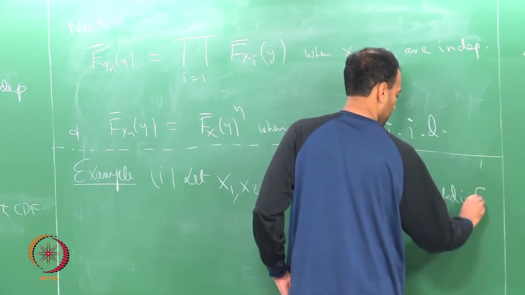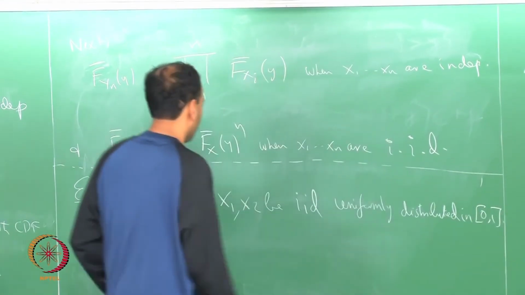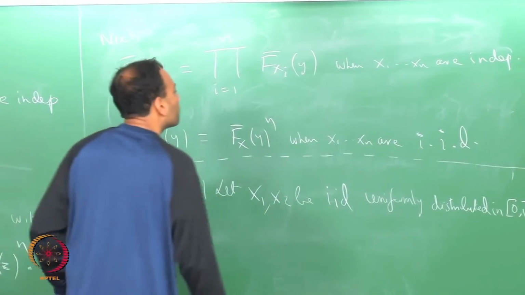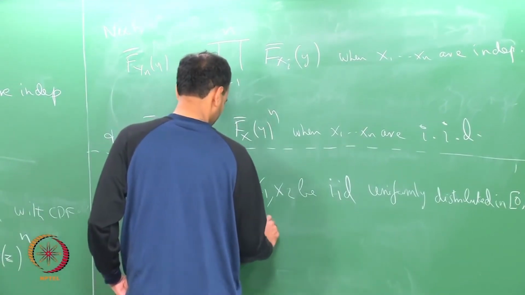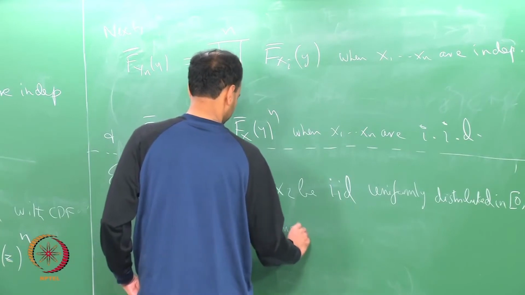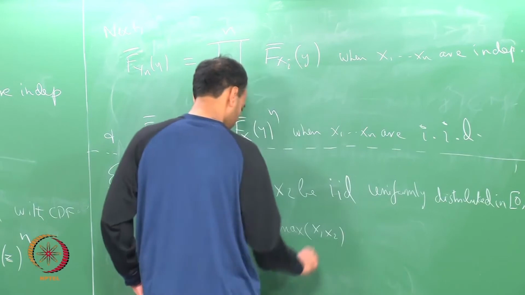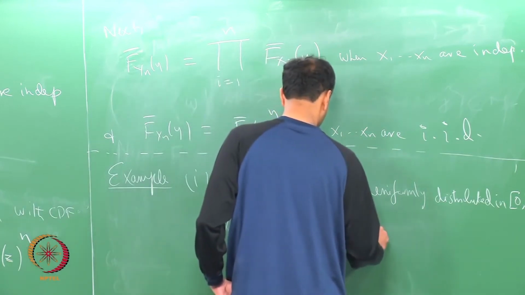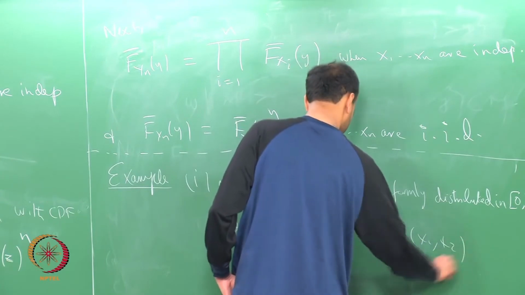In 0 1, let us say. Let z is equal to max of x 1, x 2 and y is equal to min of x 1, x 2.